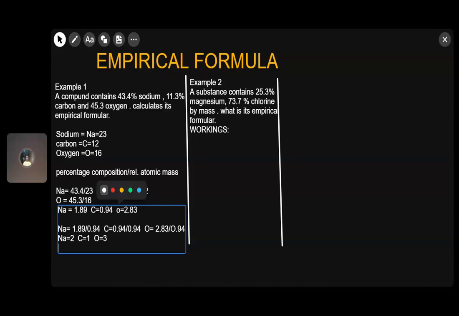So our empirical formula: the answers that we got for sodium, carbon and oxygen will be the subscript for each element.